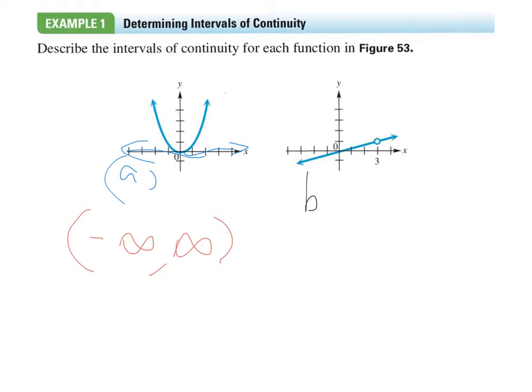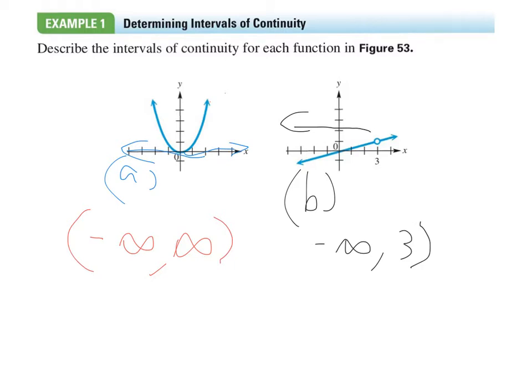Now for this one we'll call it part B. For the values of x where it's continuous, notice we have a discontinuity at 3, so it's continuous for all the x values less than 3, so from negative infinity to positive 3. But since it never touches positive 3, we would use a parentheses.